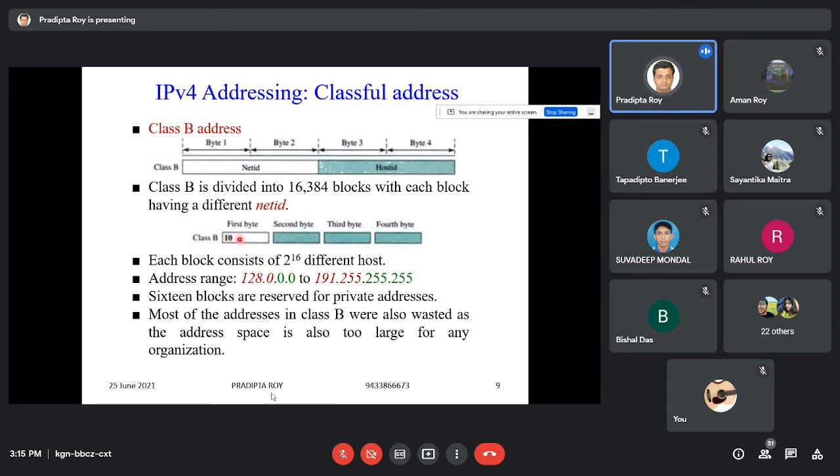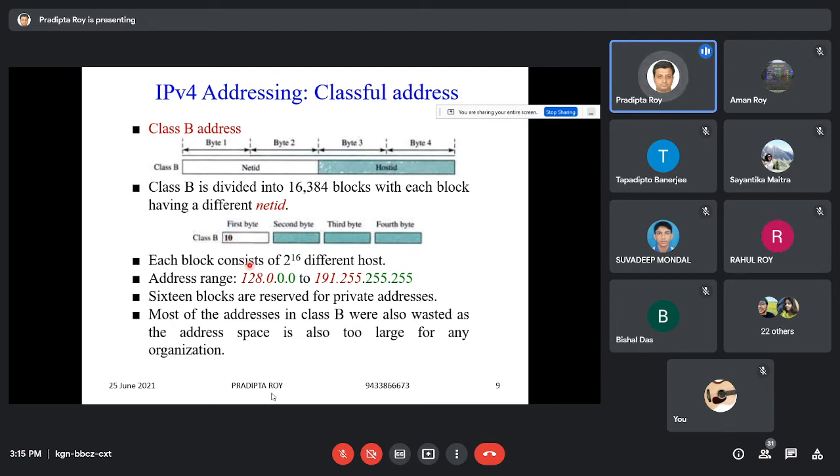So if the next 30 bits are filled up with all zeros, then that will be the lowest address of class B. Right? So then what is the starting address of class B? For the first byte, 1 is there at the first location, at the MSB location. Next they are all zeros.